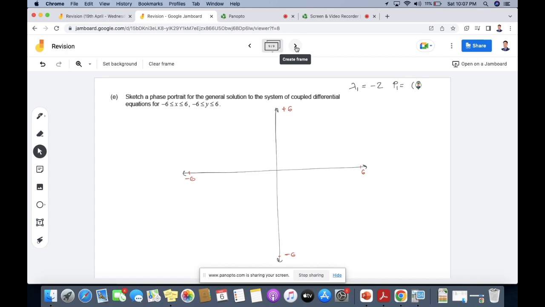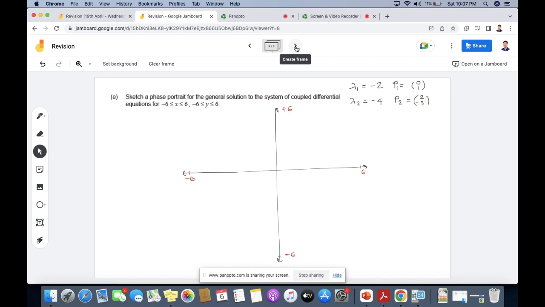Then the second eigenvalue was negative 4, and the eigenvector for this was, what was that again? (2, negative 3).